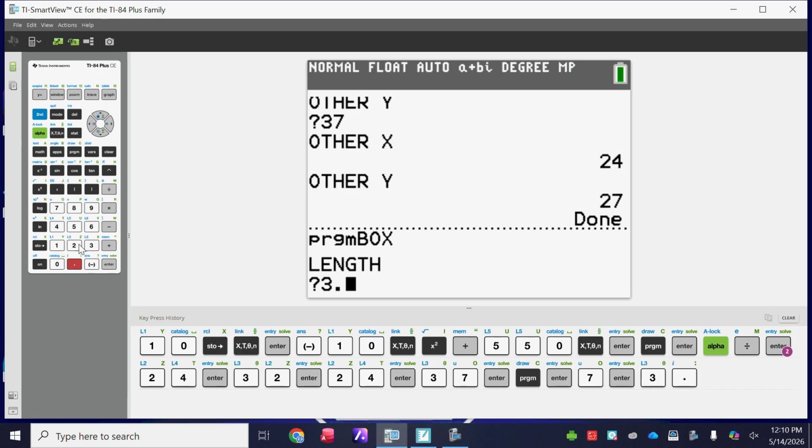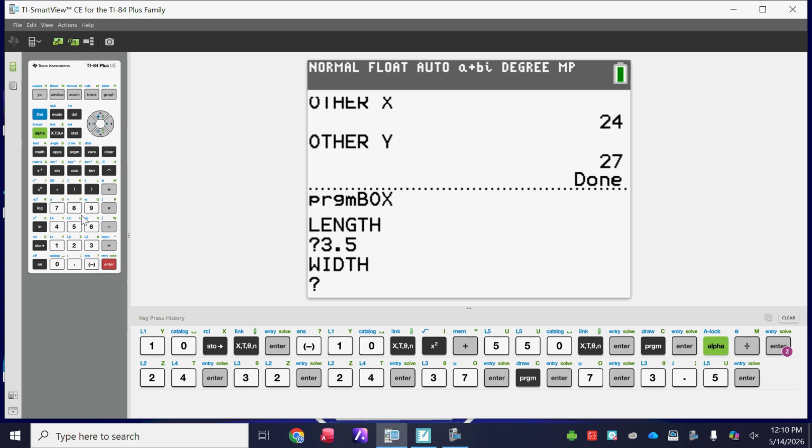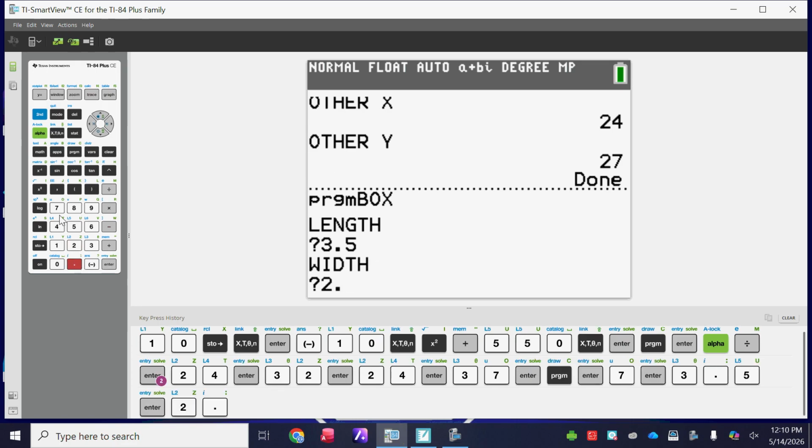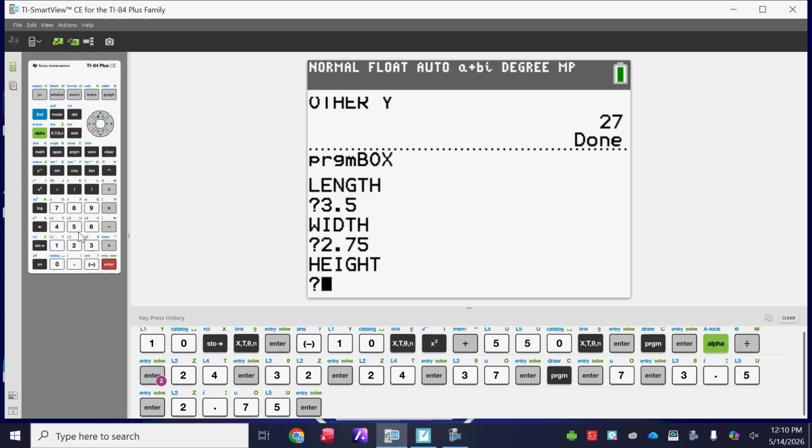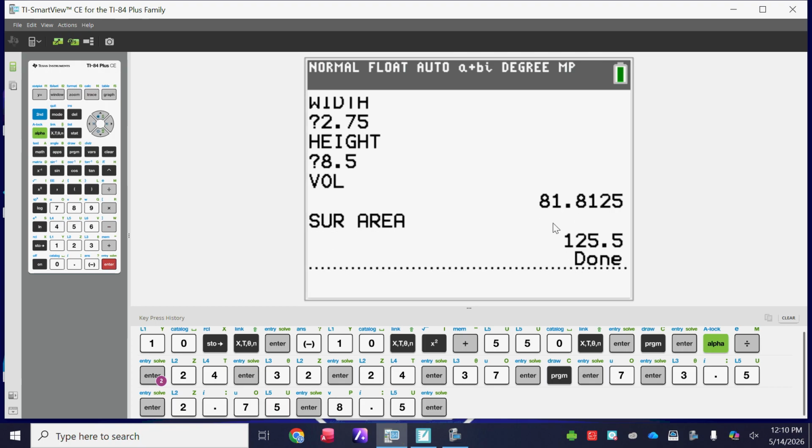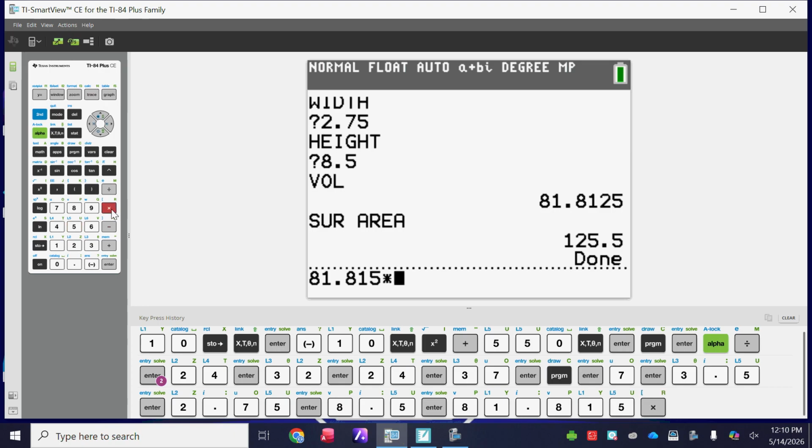They were 3.5, boom, 8.75, 2.75, and then boom, 8.5, and that gives you the volume of the box, which is 81.815, and then it weighs how much per cube, 0.06.